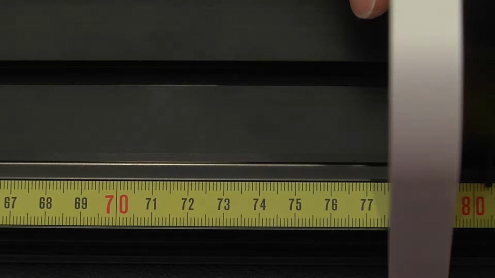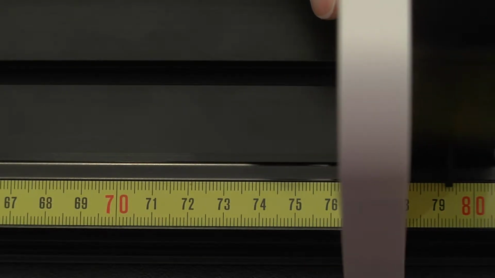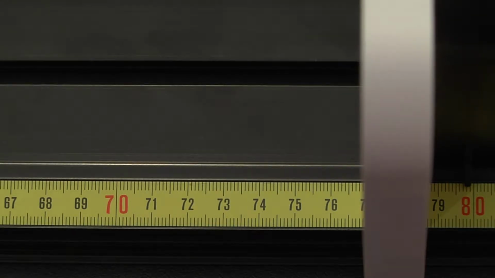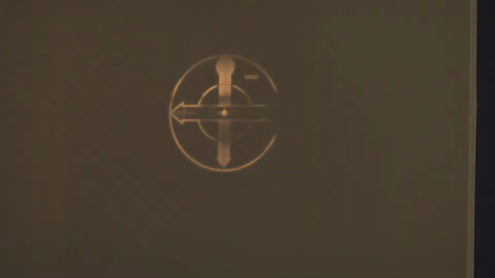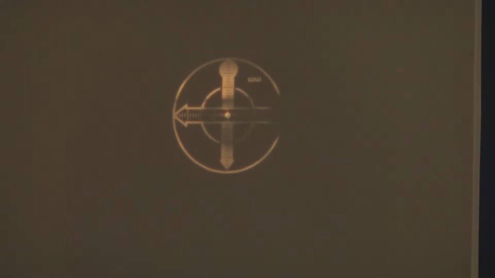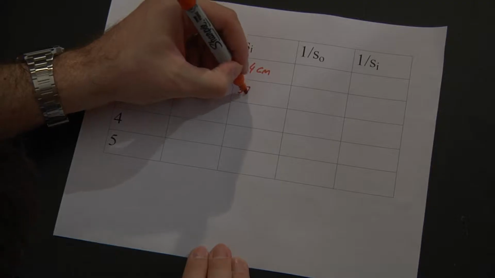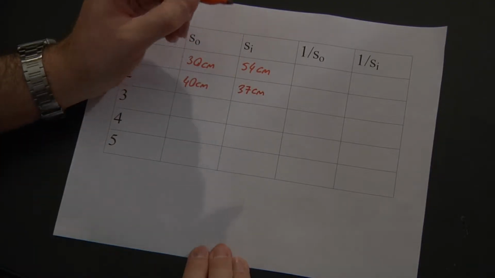Once we place that lens here, you're going to find the image at 77 centimeters. But again, we need to get the difference, because our lens is at 40 centimeters and we find the image at 77 centimeters. So 77 minus 40, that is 37 centimeters.